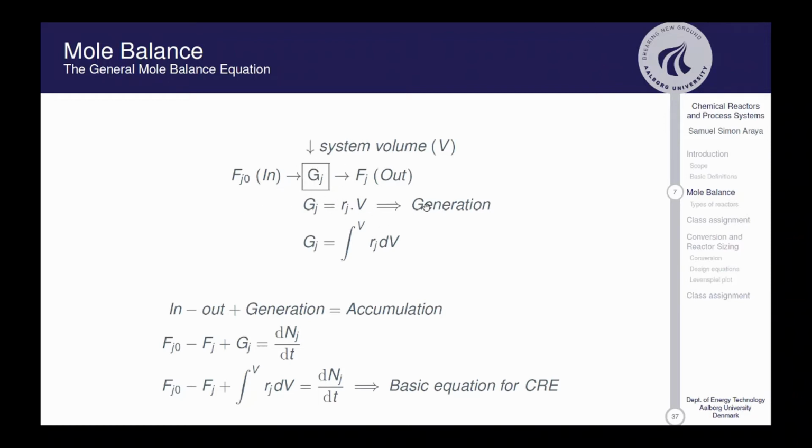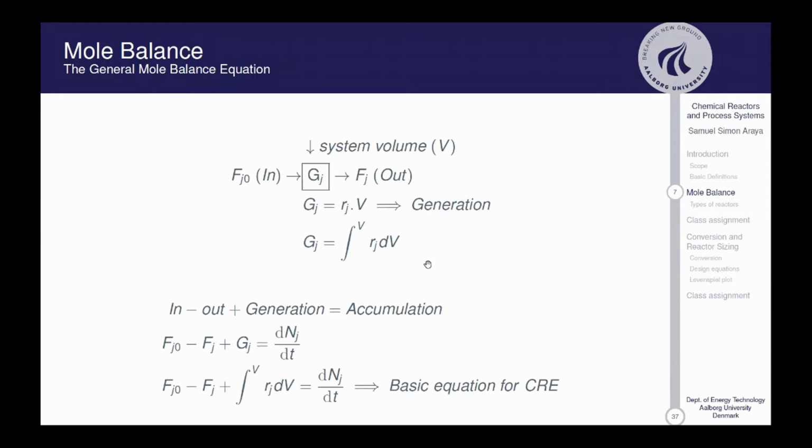So we will have a generation, which will be the rate of reaction of that species times the volume of that system. And if the properties are the same within the system, if we don't have a change in density, then we can just integrate over the system and say that our G is the integral of the rate of reaction throughout the volume.